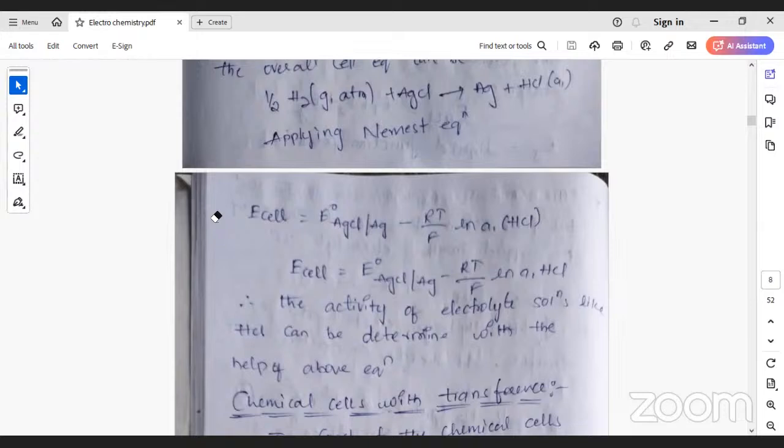All these concepts are applied by the Nernst equation. Then we get the EMF of chemical cells and concentration cells. So these were the topics covered in today's class. The remaining topics will be continued in tomorrow's class.